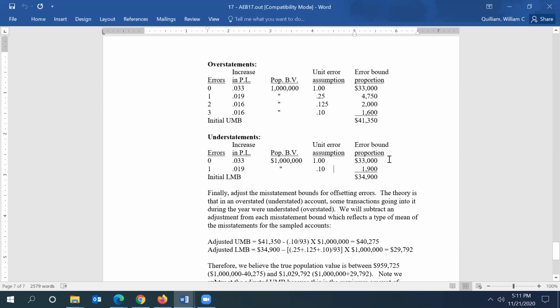Then the error bound proportion, starting off at the initial $33,000 we saw. Now we add $1,900 to it. So the initial lower misstatement bound is $34,900. So it pushed this lower tail out to $34,900 because there was more error. Does that make sense? Just push it out.